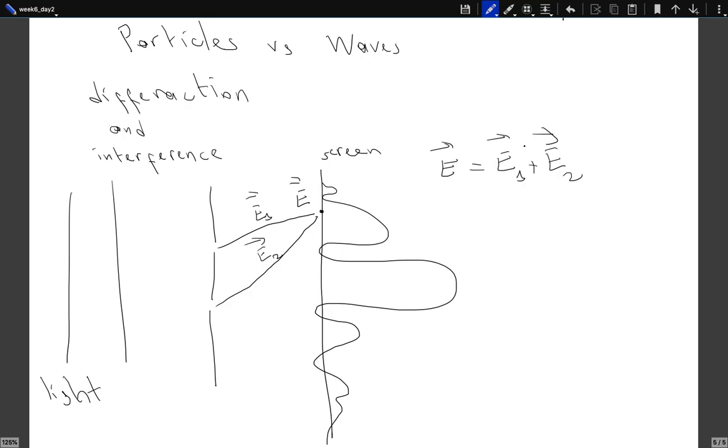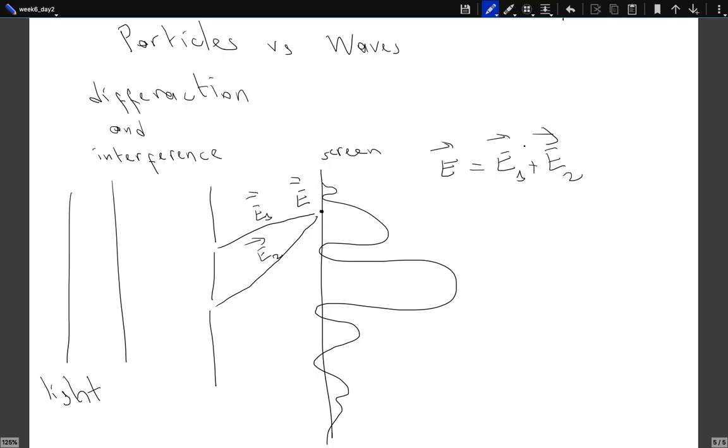Since E1 and E2 are both oscillating functions, depending on how much these distances differ, you would have them added constructively. They would have the same sign or different sign. If they have different sign, the sum will have a magnitude smaller than each one of them. If they have the same sign, the sum will have a larger magnitude than each one. So you get this interference pattern.